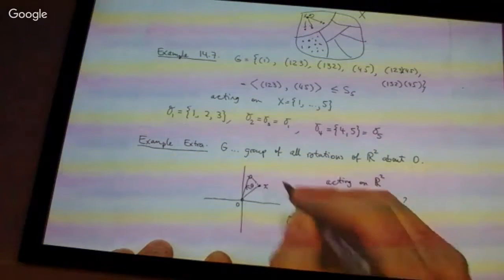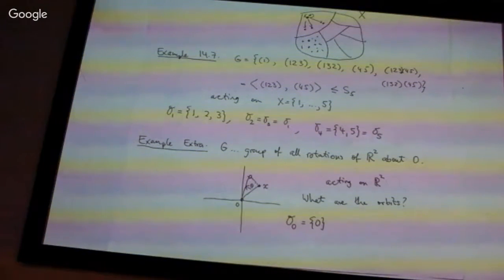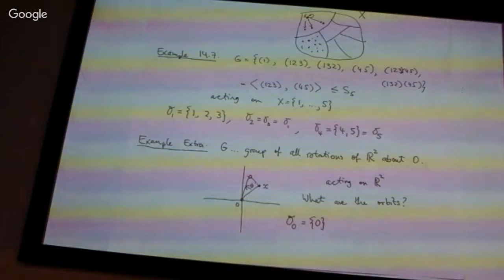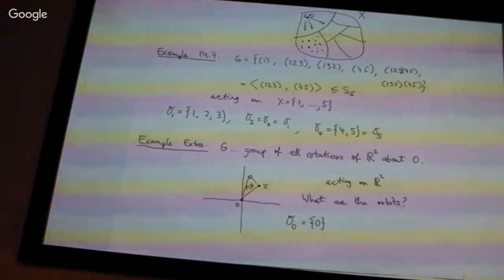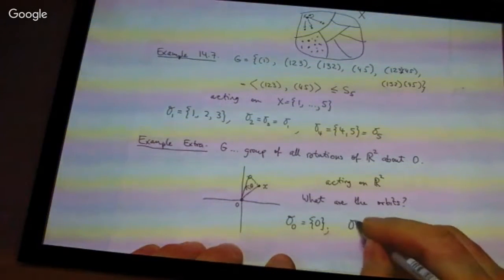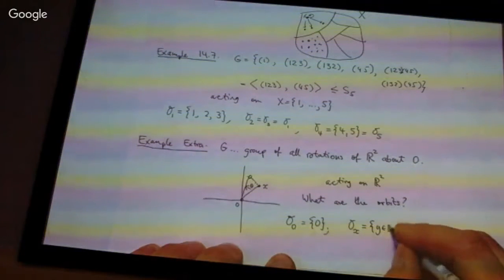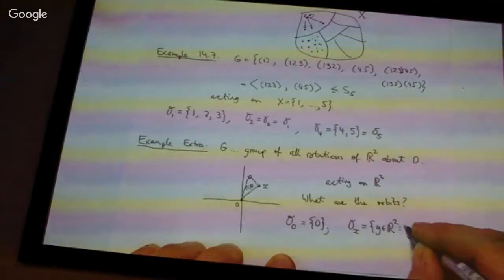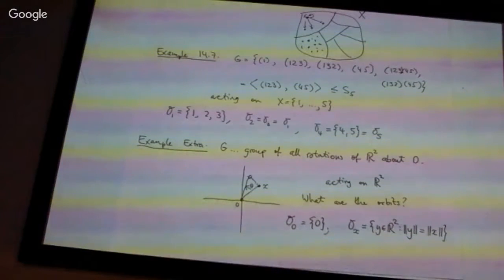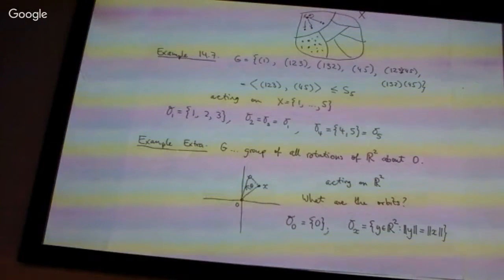I'll call it X. Where can it get mapped? Circle points around the origin. Yes, that's the circle centered at the origin on which X lies. If you want to write it, this is all the points in the plane whose distance from the origin is the same as X's distance from the origin. Okay. So these are the orbits.